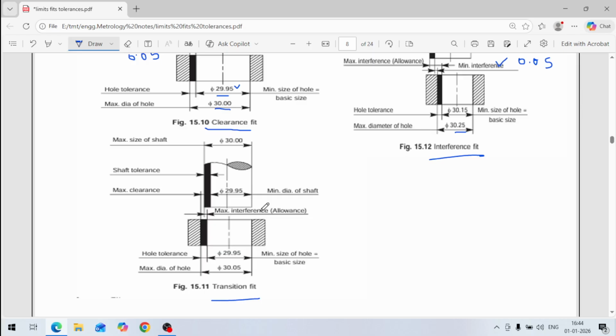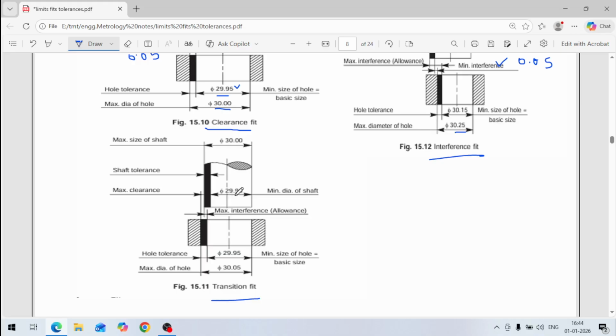And how much is the clearance? How much may the clearance be? Let us take the hole of maximum size 30.05 and the shaft of minimum size 29.95. So 30.05 minus 29.95 is 0.1. 0.1 is the clearance.